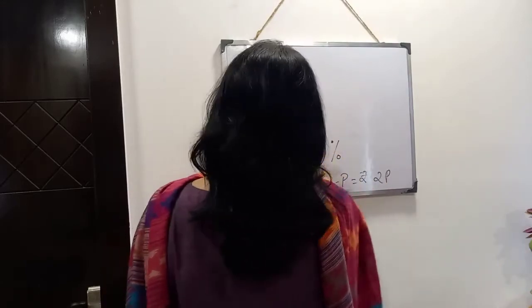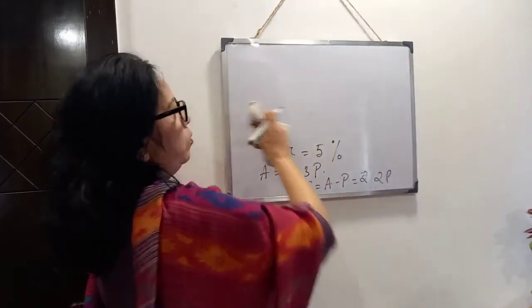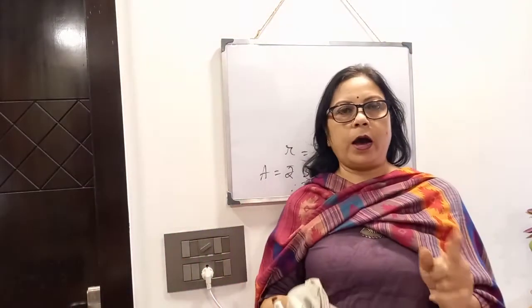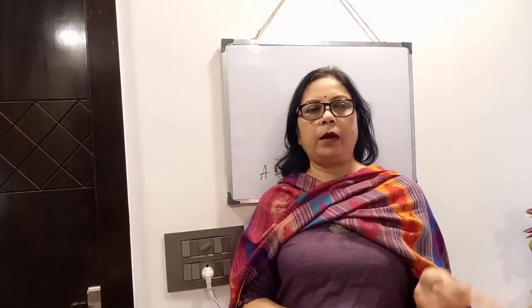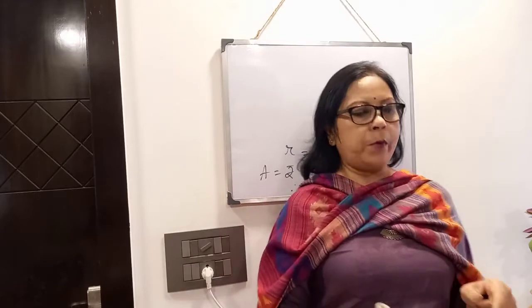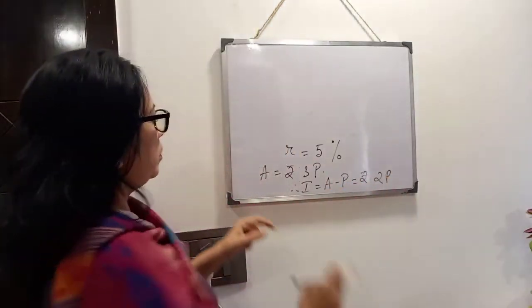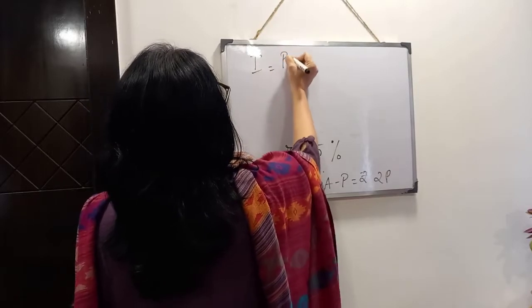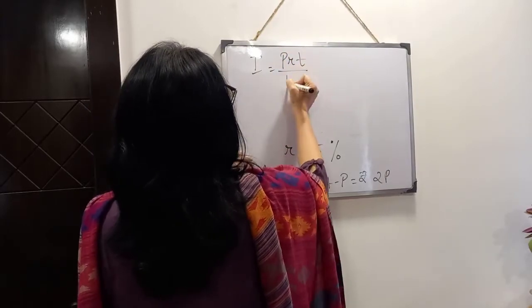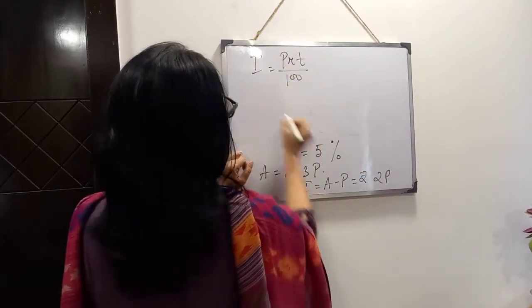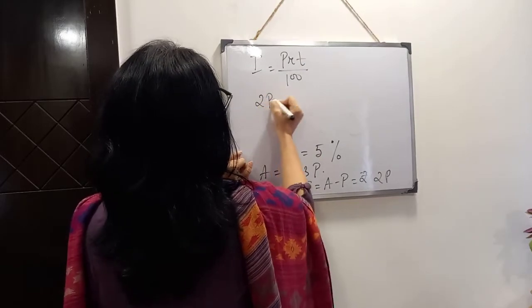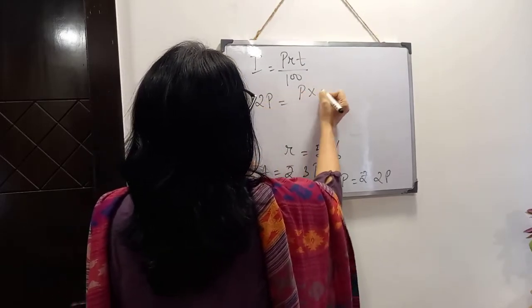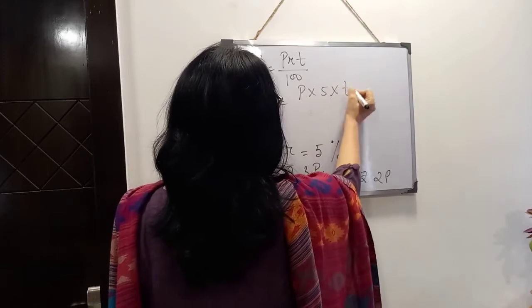So again same formula. In simple interest you know there are only two formulas: I equals to PRT by 100 and amount equals to principal plus interest. So second case, I equals to PRT by 100. Here interest is 2P, principal is P, R is 5%, T is unknown.